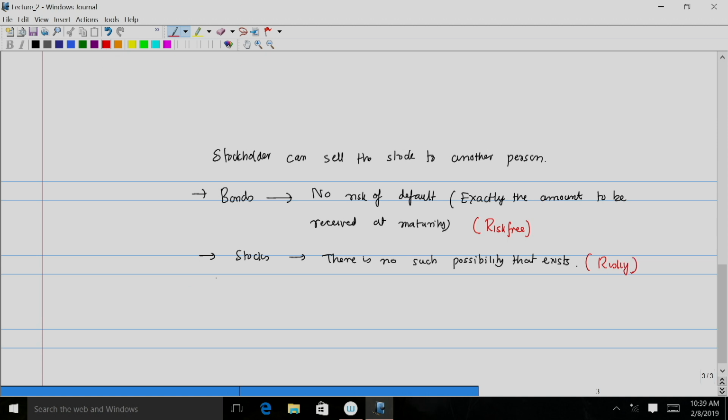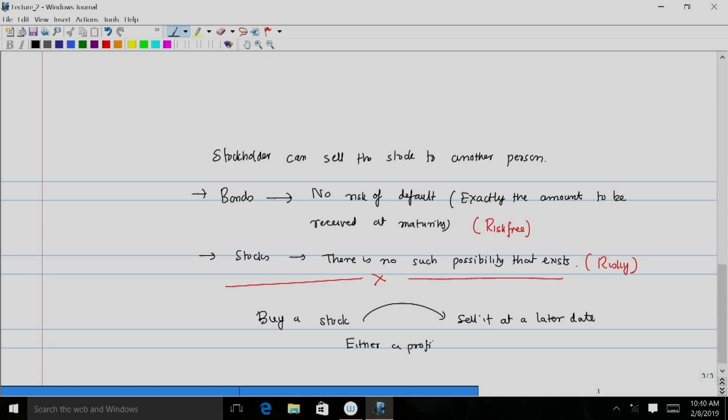So now let us talk about the gains or losses that can actually happen from a stock. Suppose that you buy a stock today and then you sell it at a later date. The consequence of this action could either be a profit or a loss.